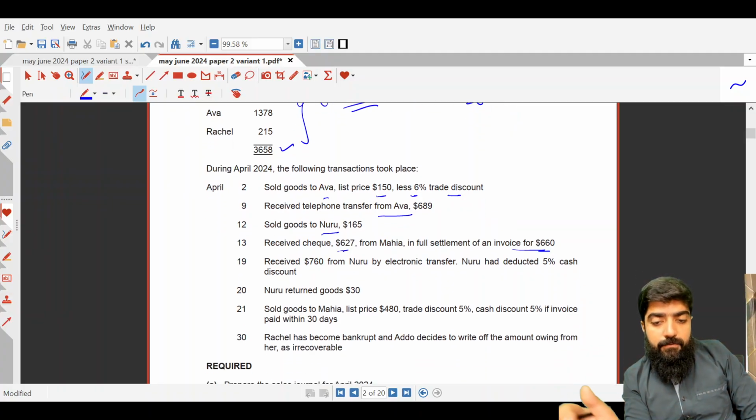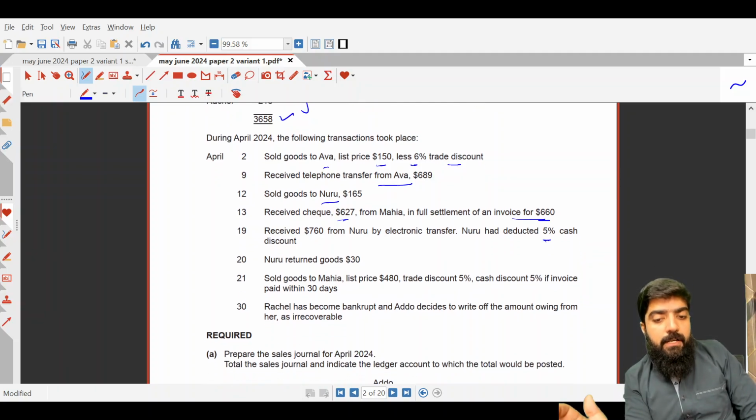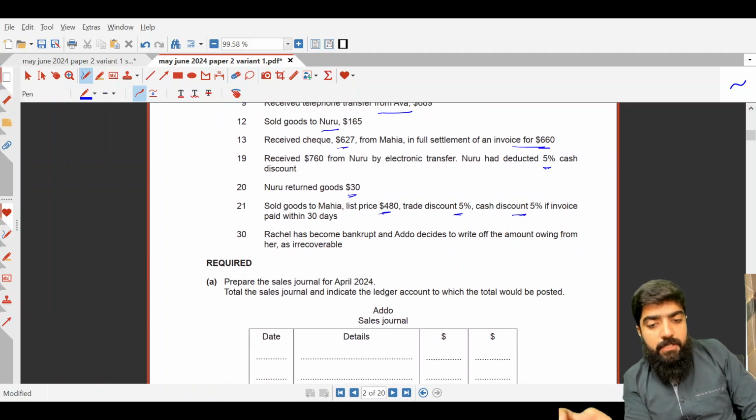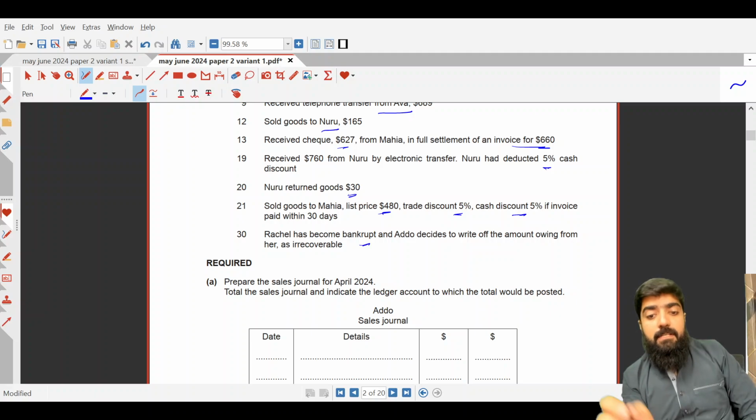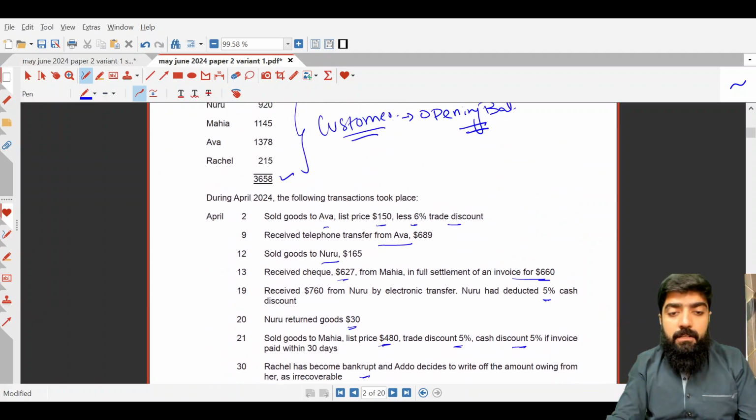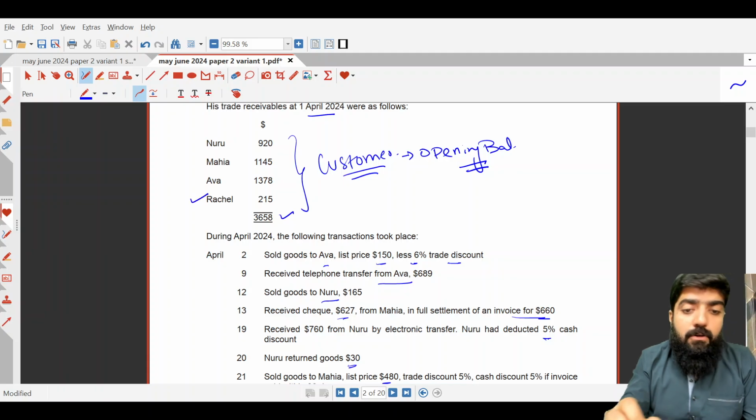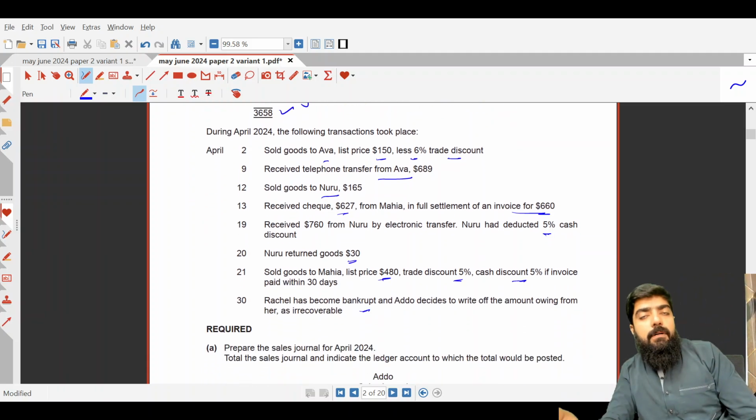Received from Nuru as well, with a discount of 5%. Some goods returned by a customer, then sold goods to Mahia with a trade discount and a cash discount, and then Rachel has gone bankrupt. So these are the multiple transactions.